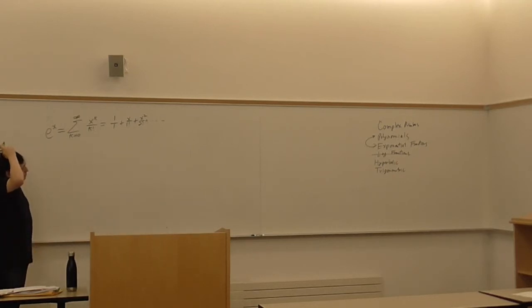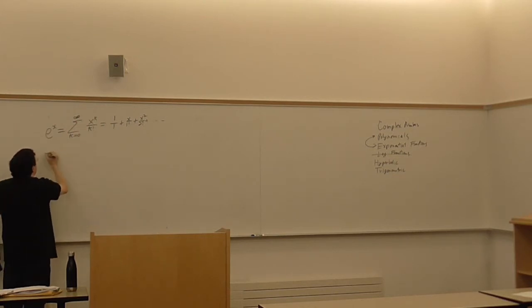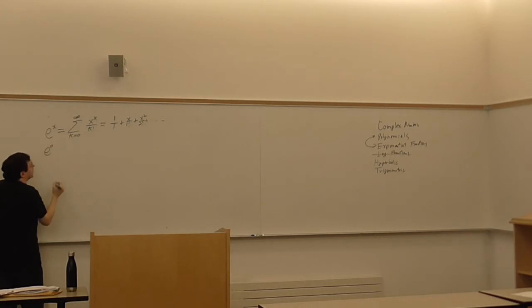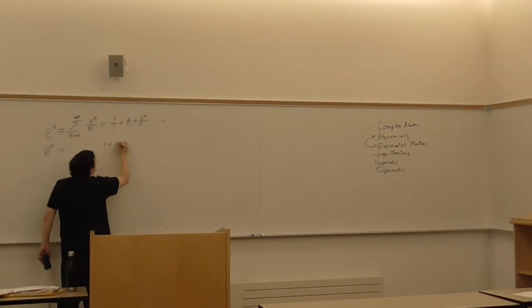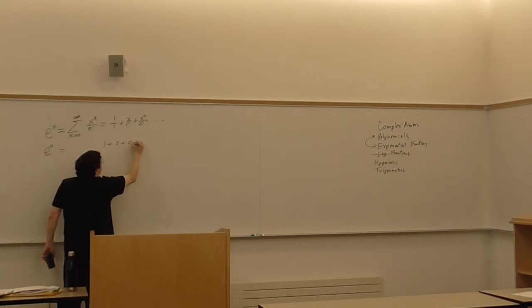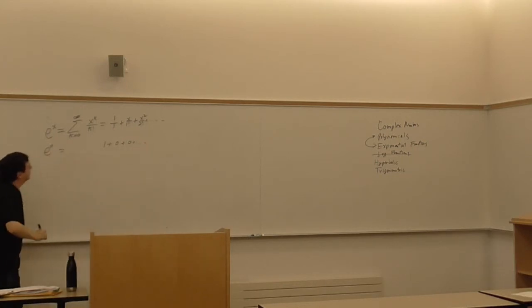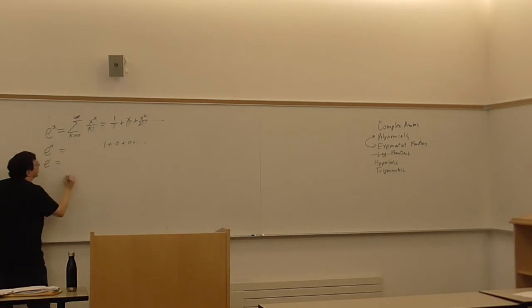Okay, let's just do a little sanity check here. According to this formula, what would e to the 0 be? Well, it's equal to 1 plus 0 plus 0 plus. Oh yeah, that works. Okay, good. Take e to the 1.